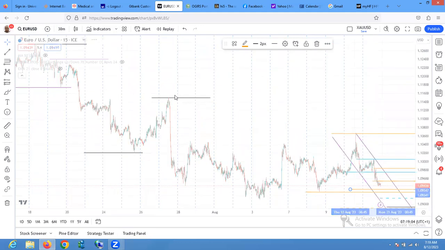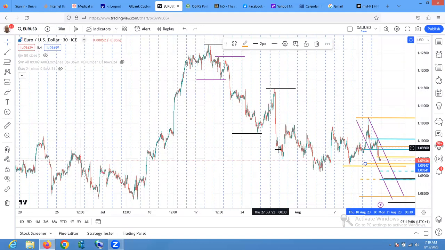Let's go to 30 minutes. So this is an area we will be thinking of relinquishing the position for now. We need to see price action break structure to the upside around this area. Then we close our sell, look for a buy, to buy the last wave of Y, which is a C.